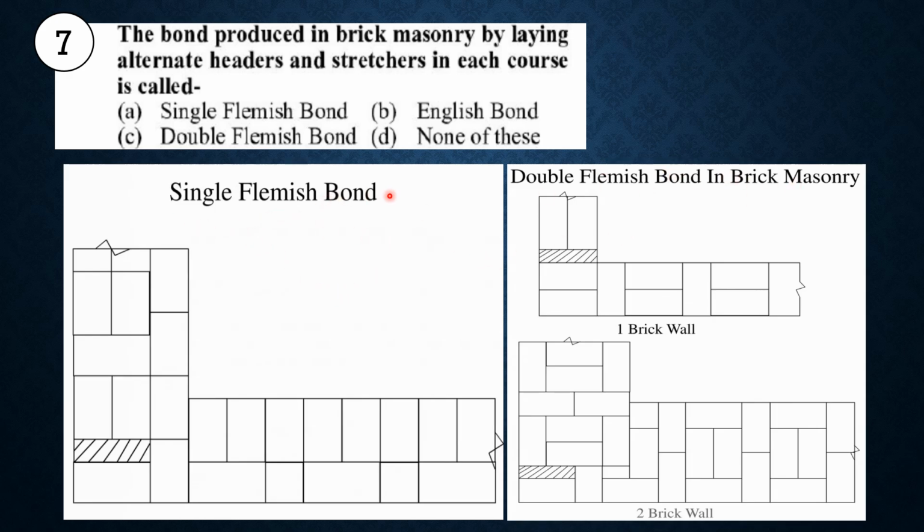In single Flemish bond, the front side has alternate headers and stretchers, and in double Flemish bond, both sides have alternate headers and stretchers. So the proper answer to this question is double Flemish bond, since they ask for alternate stretchers and headers in each course.